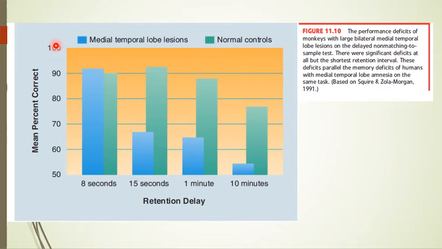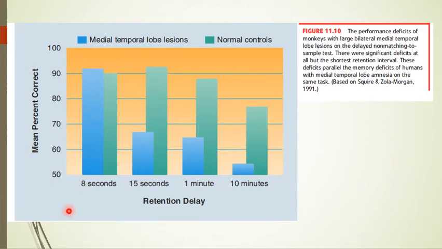The y-axis here is the percent correct. If you can remember the task, the delay is the time the window is closed. So after an 8-second delay, 15-second delay, 1 minute delay, and 10 minutes delay. As you can see, there were significant deficits at all but the shortest retention interval.